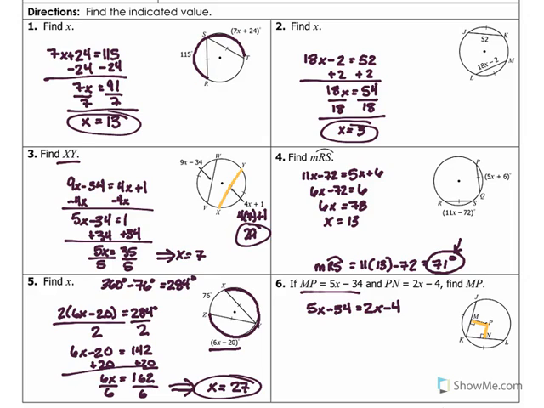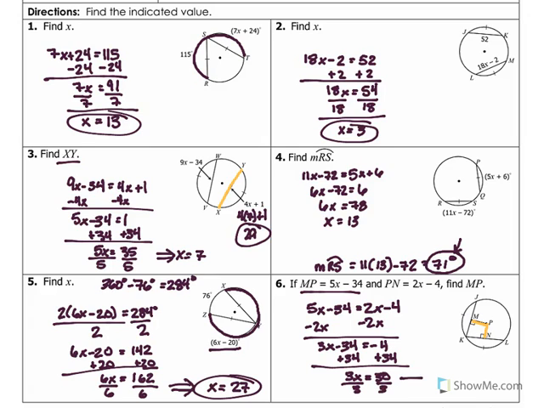Let's go ahead and subtract 2x from both sides. So we get 3x minus 34 equals negative 4. Let's go ahead and add 34 to both sides. So 3x equals 30.